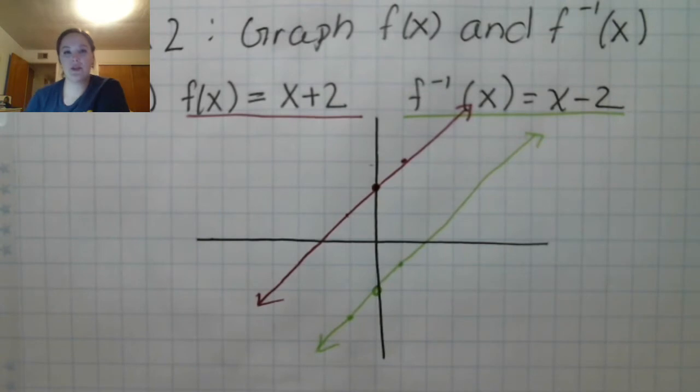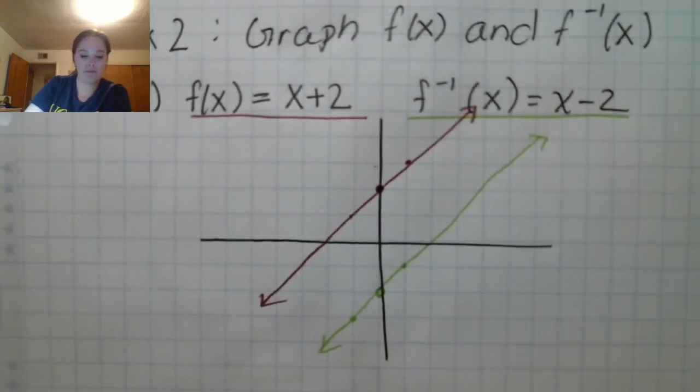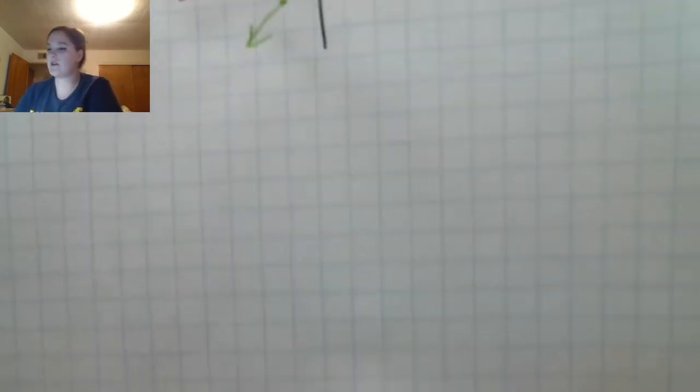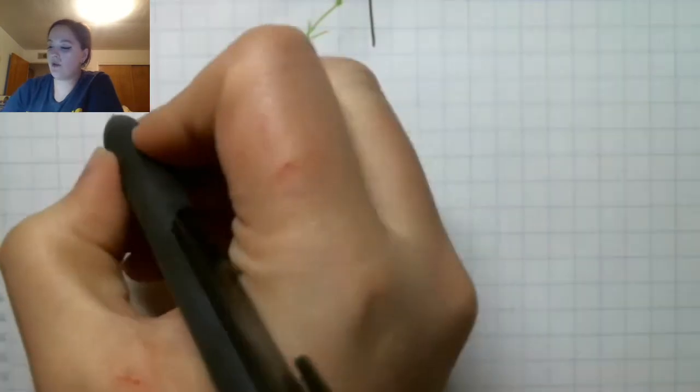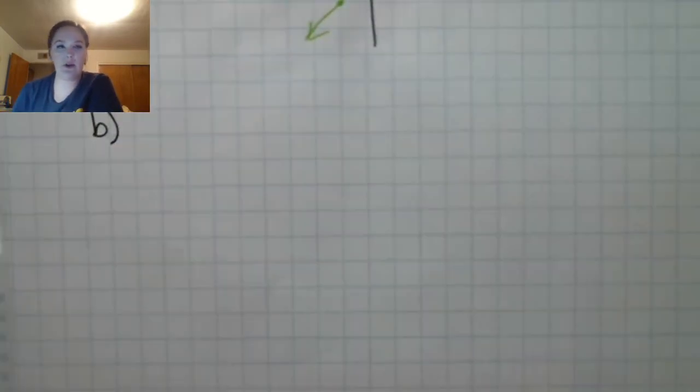So you can see that these graphs are similar, but it's hard to know in what way they're similar. All right, let's do another example so we can see how the graphs are really connected to one another.